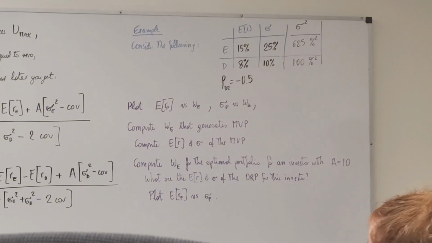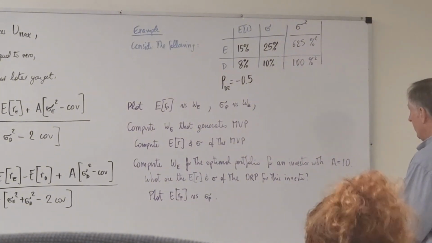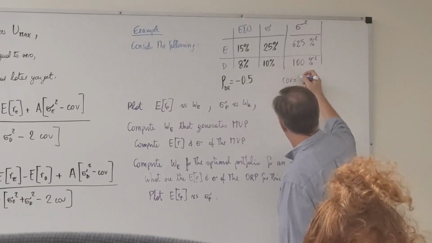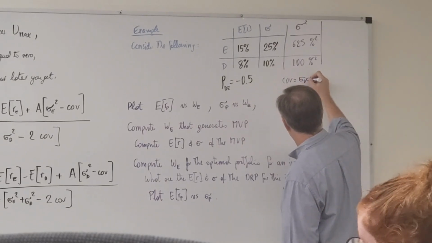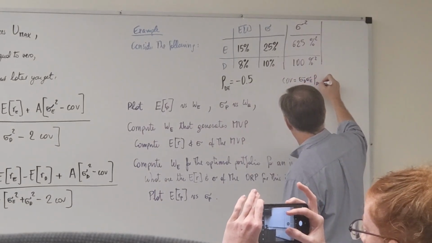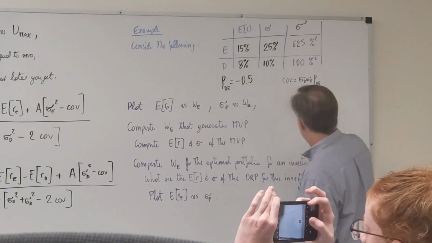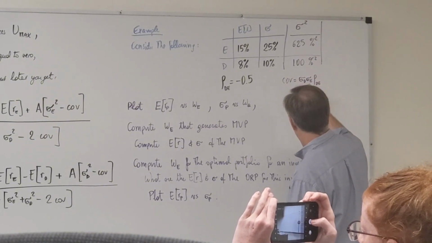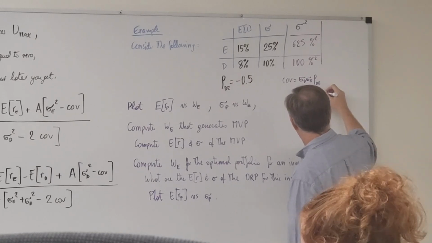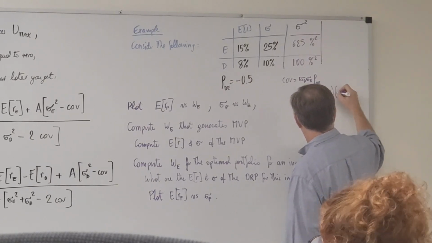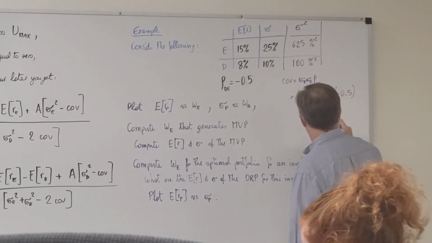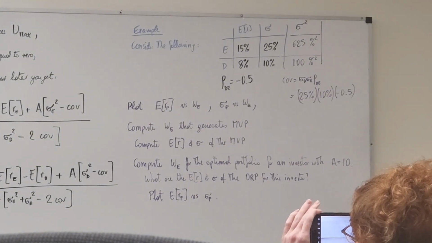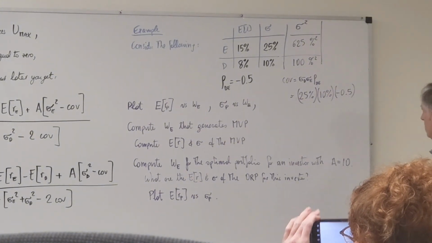And then the next thing that I need is the covariance. So let's calculate covariance. What is covariance? It is sigma D, sigma E, correlation DE. So in here it would be 25 times 10 times minus 0.5. So what is it, negative 122.5?